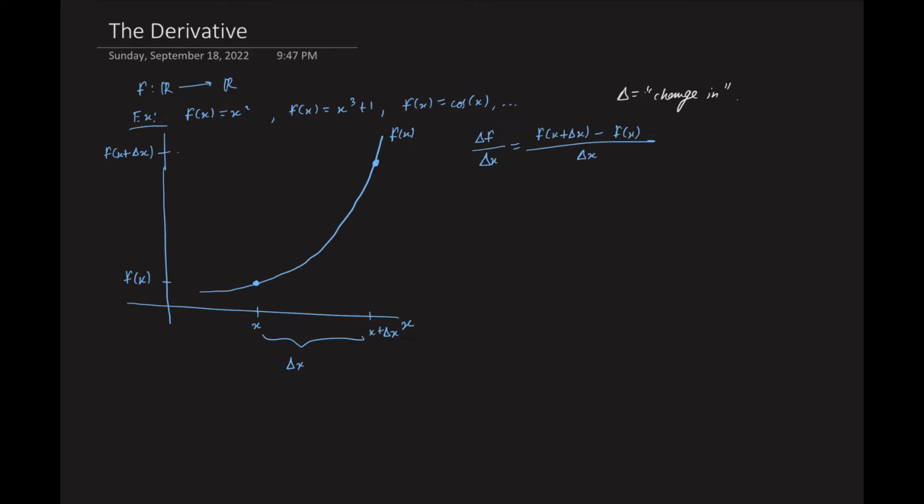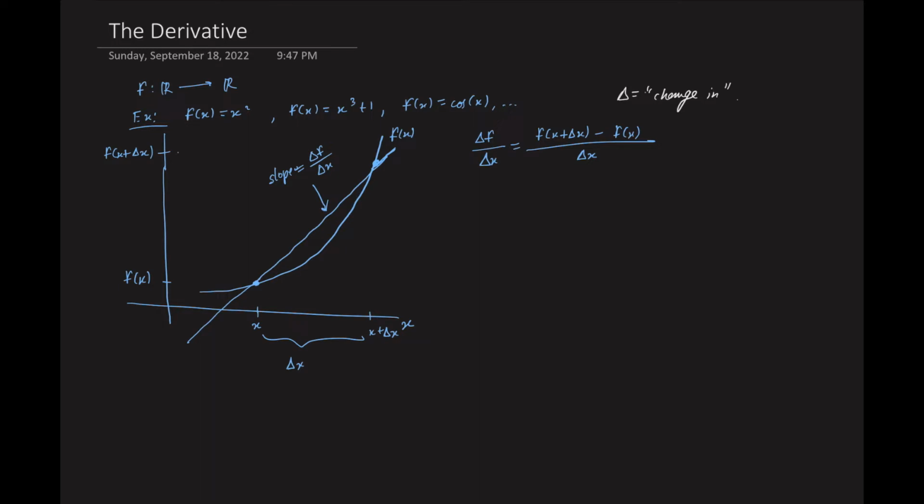Now, this quantity describes the rate of change of f across these 2 points, but it's also the slope of this line. The slope of this line is delta f over delta x. Let's say we were to bring delta x in closer.